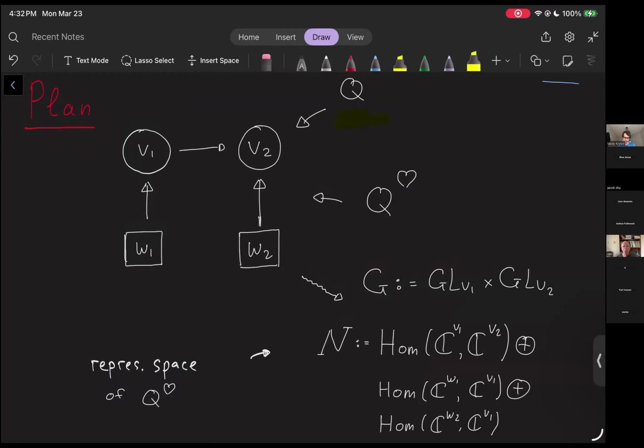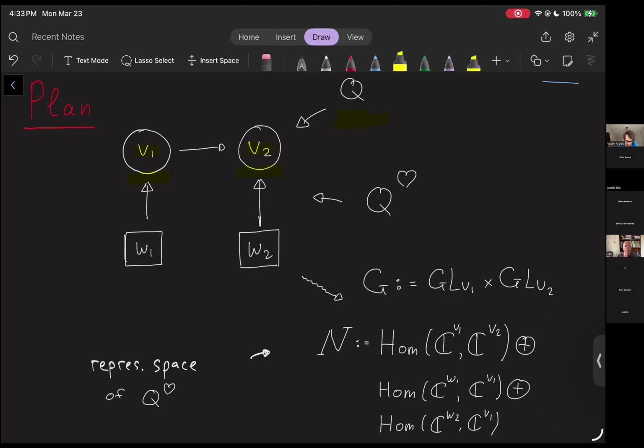So we have a quiver Q, and it has some vertices. We put some numbers, associate them to vertices. I denote them by V1 and V2.